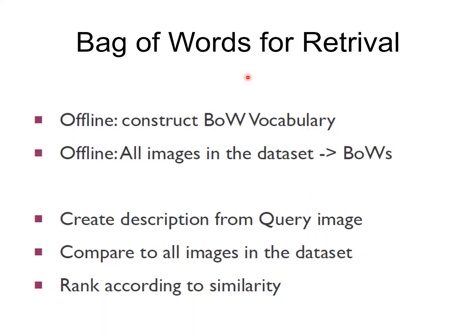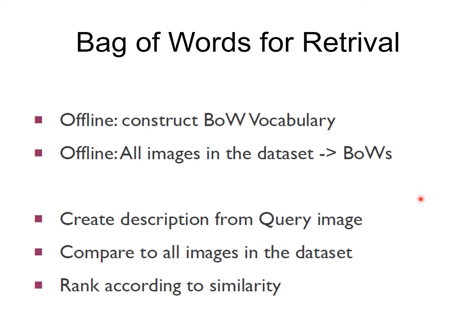And we have all these things about bag of words. We talked about already that when you do a retrieval, you have a database, and before you put the database online you construct the vocabulary and dictionary, and then we convert all the images to the bag of words histogram and put them in the database.